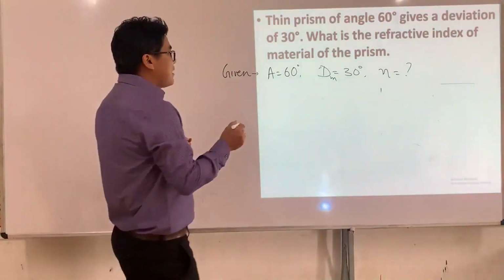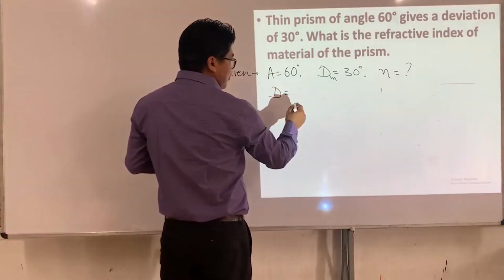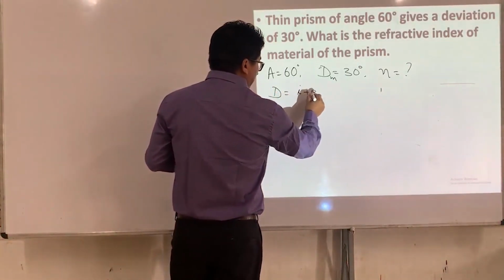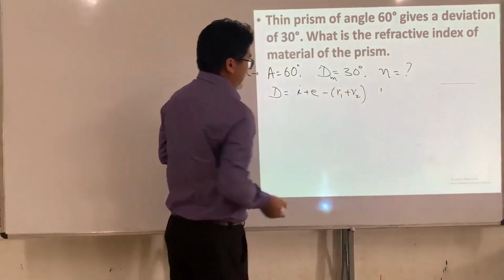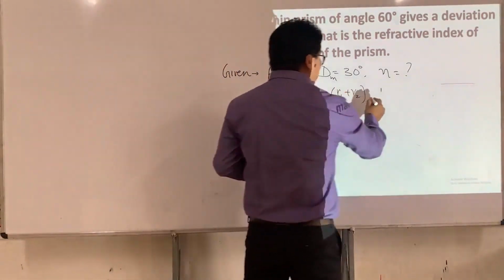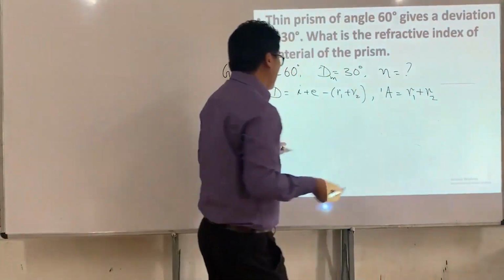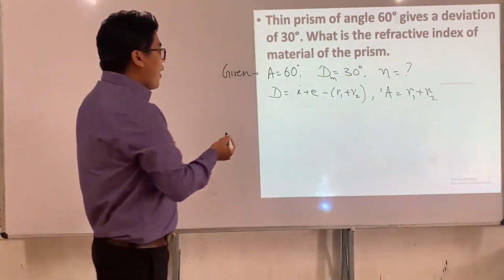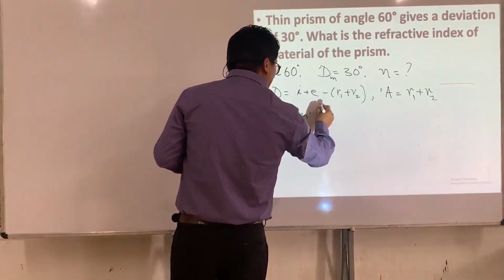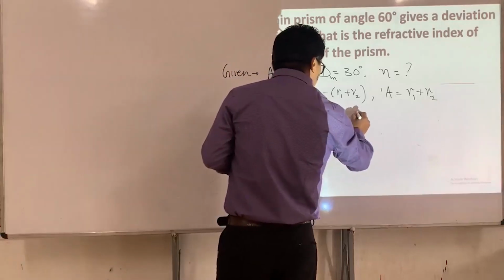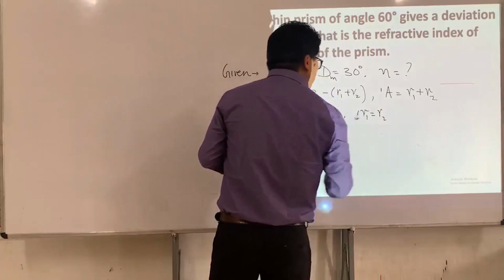So now let us take some condition, right? So we say that at minimum, what is the deviation? We say the deviation is equal to I plus E minus R1 plus R2. And we also have derived that A is equal to R1 plus R2. This is what we have done last time. Now I say that if deviation is equal to minimum deviation, then I is equal to E, that we have done, and R1 is equal to R2.